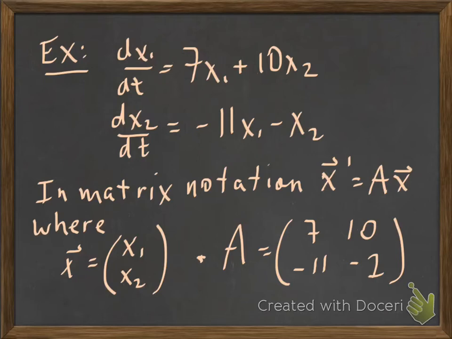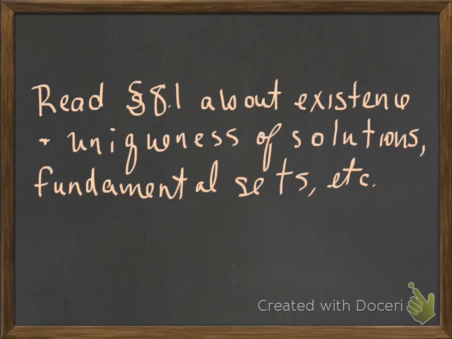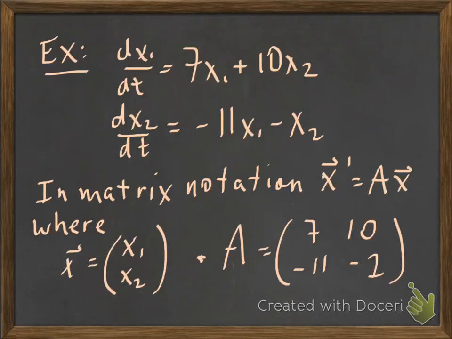My coefficient matrix is just the matrix of coefficients: 7, 10, negative 11, negative 1. So writing this in matrix notation is just x' equals Ax, where that is x and that is A.